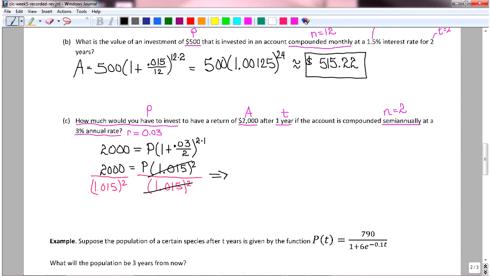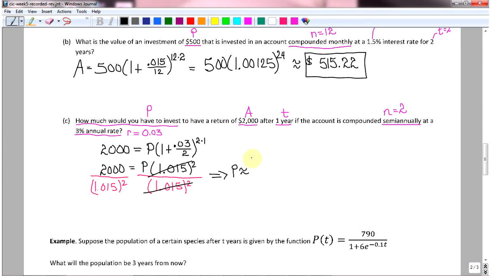So P is approximately equal to, all right, well, order of operations, the calculator follows it, so it will do exponents before it does division. So we can enter in 2,000 divided by 1.015, and you can hit the x squared key, or you can do the caret and then the 2.